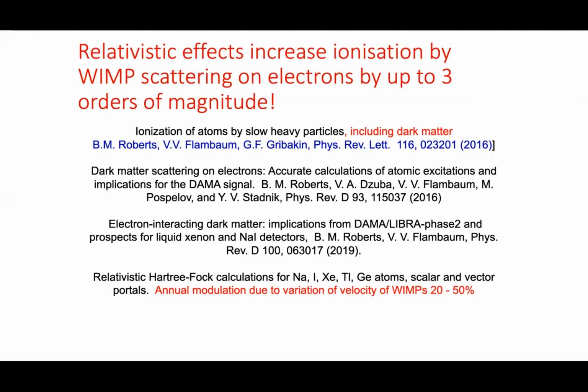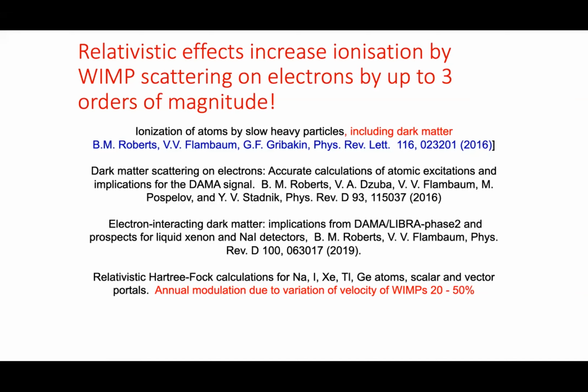We did calculations for different atoms involved in dark matter detectors. What is also interesting, because of the strong dependence on momentum transfer, we have annual modulation due to variation of the velocity of WIMP, up to 20 to 50%. It depends on the mass of WIMP, of course, but it's very big.